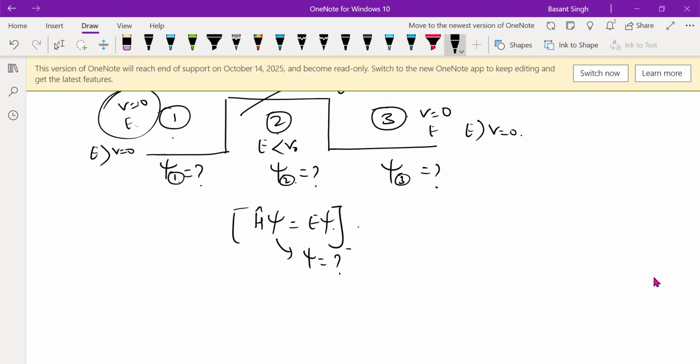First of all, see the relation between energy and potential.